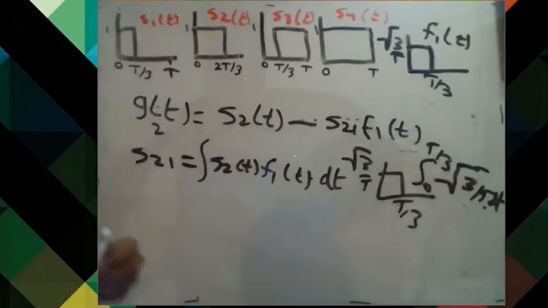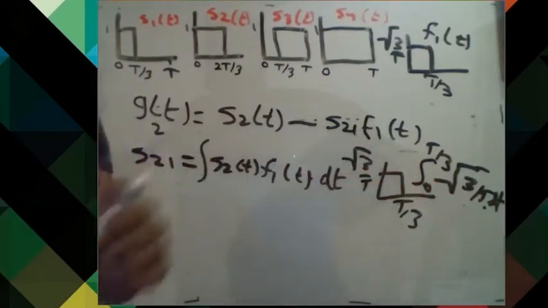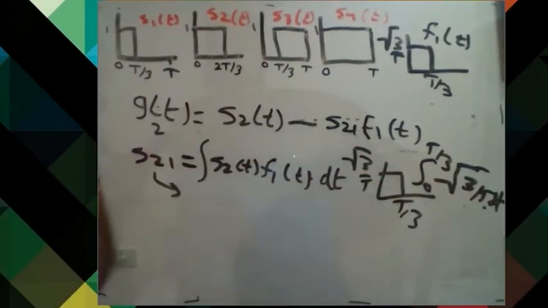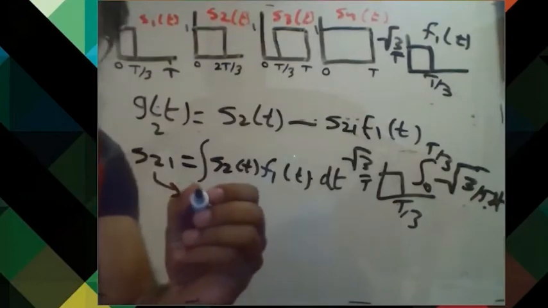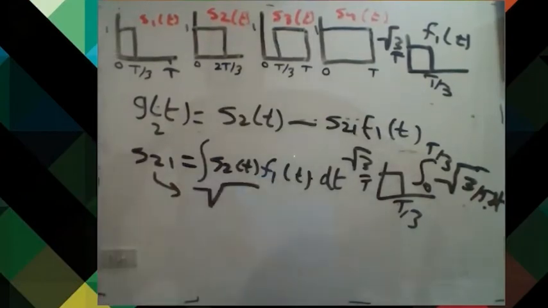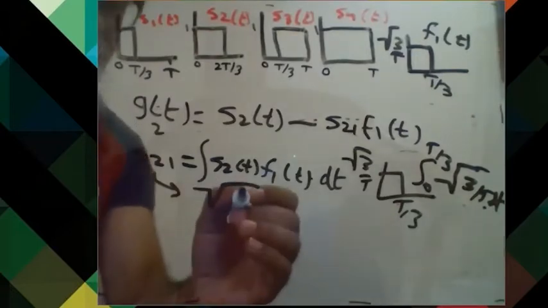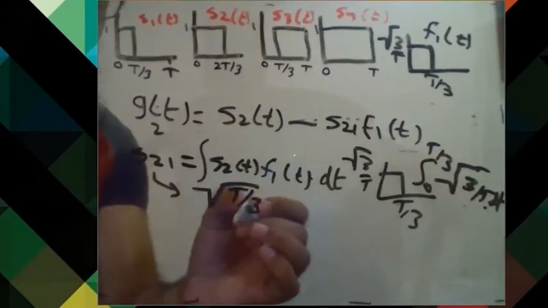This integral will give me a scalar value, that is S21. If I solve this integral, the answer that I get is root T by 3.